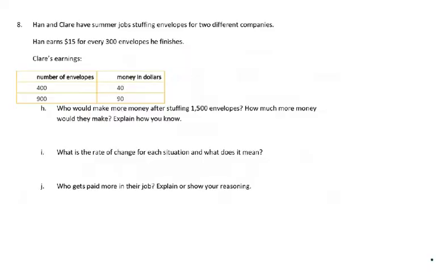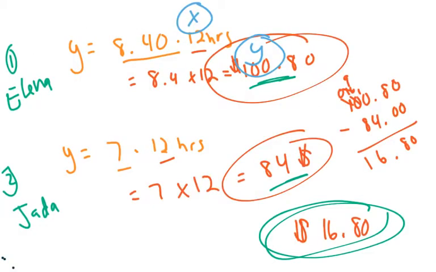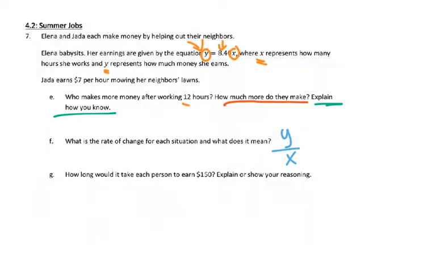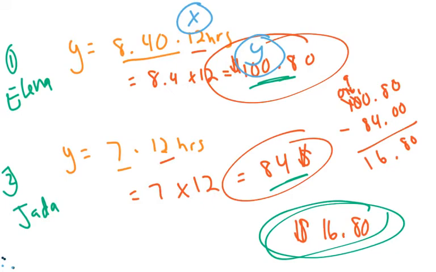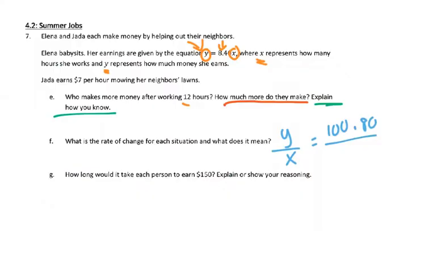So let's try, wrong way, sorry about that. 100.80 divided by, what was our x? 12. And when you do that on the calculator, you would get 8.40, which is a familiar number because it's right here.